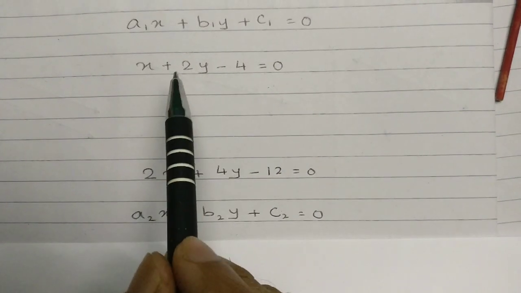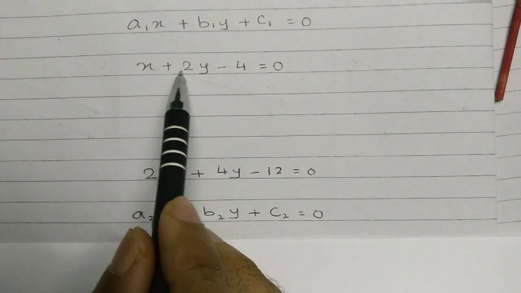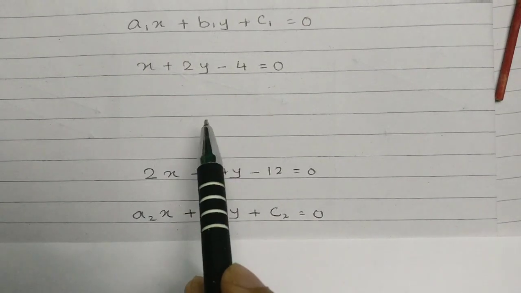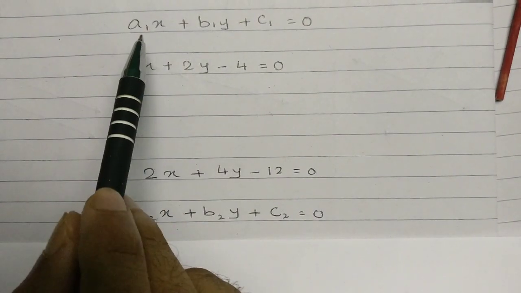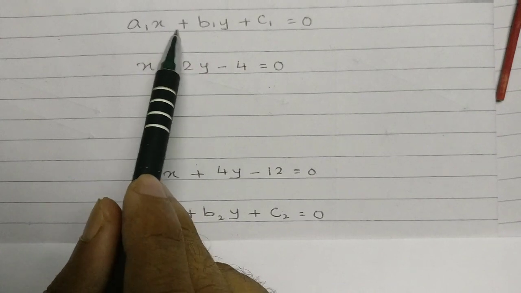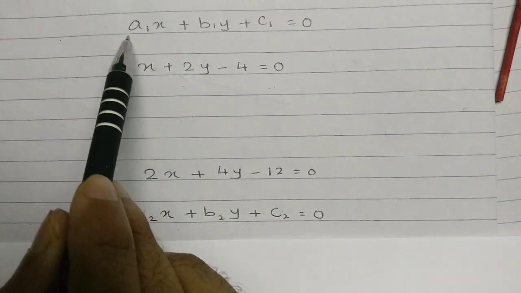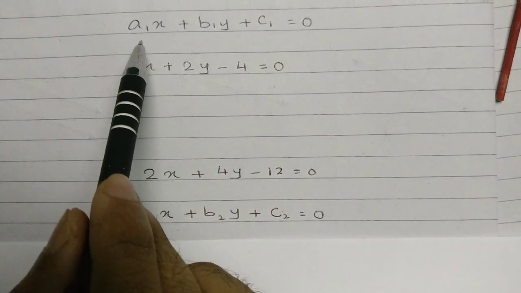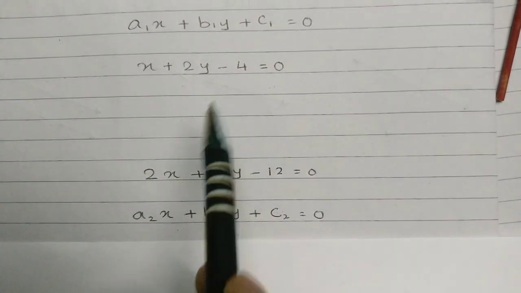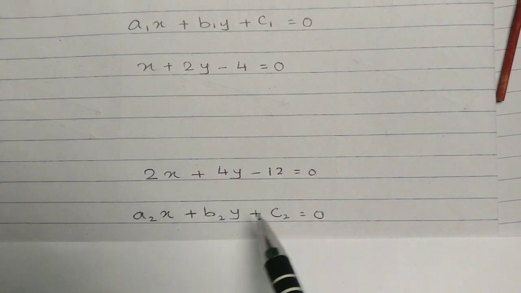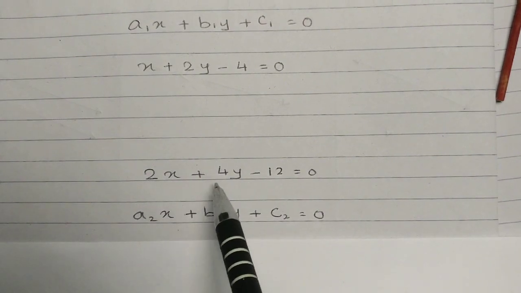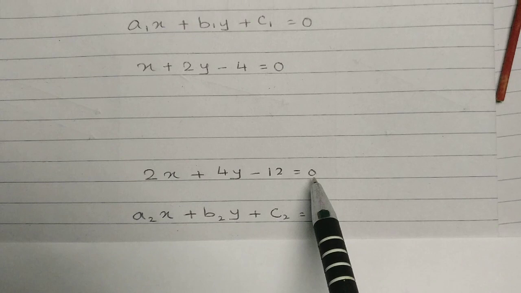Now here I have another equation which is x plus 2y minus 4 equals 0. Here again I have written a1x plus b1y plus c1 is equal to 0, and it is only because it is my first equation. Similarly, I have another equation which is 2x plus 4y minus 12 equals 0.